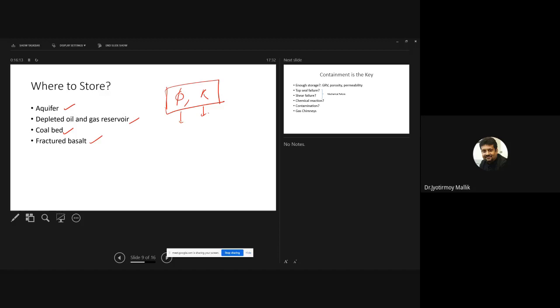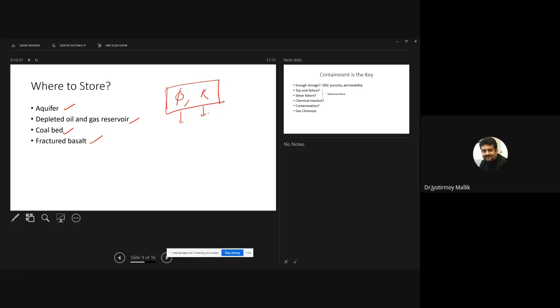But remember, all these things are right now under research, and the governments and all the top agencies are putting a lot of money around carbon capture and storage. This is one of the key areas where people are doing a lot of research, and there is a lot of money to support that research as well. It's just reverse engineering.